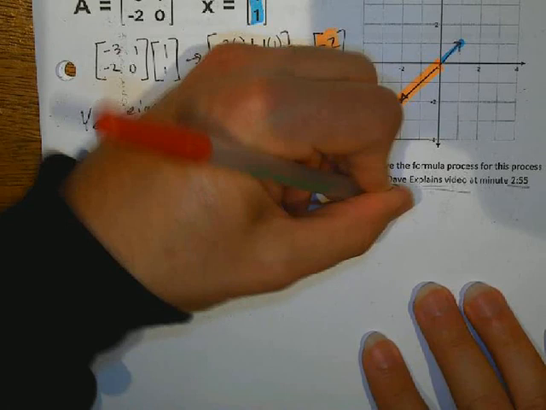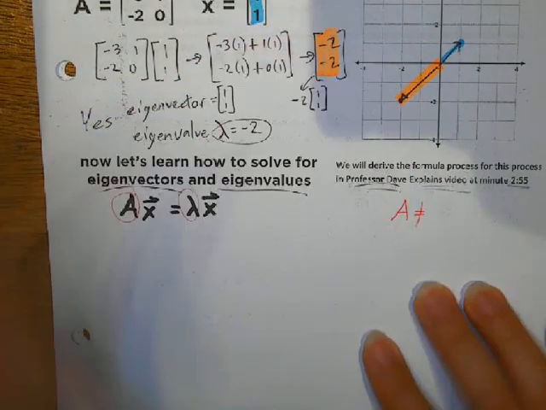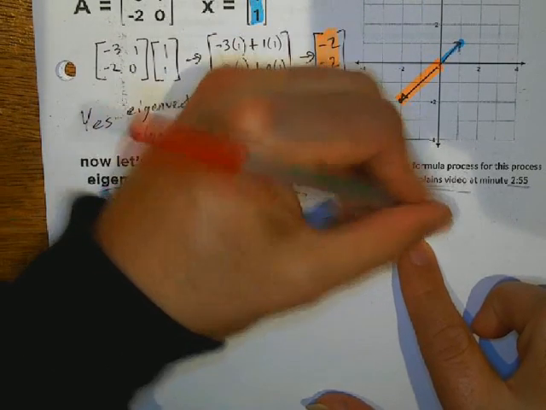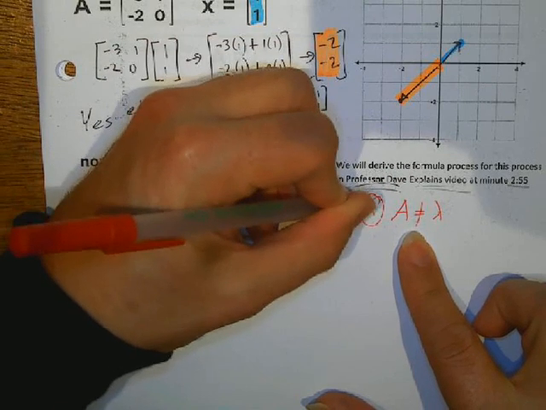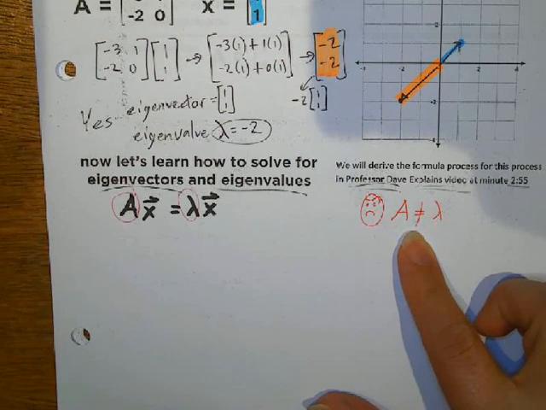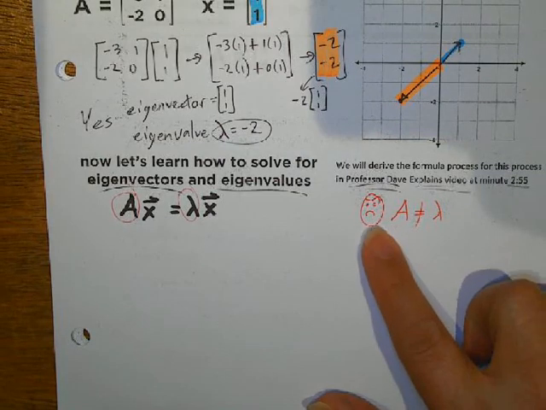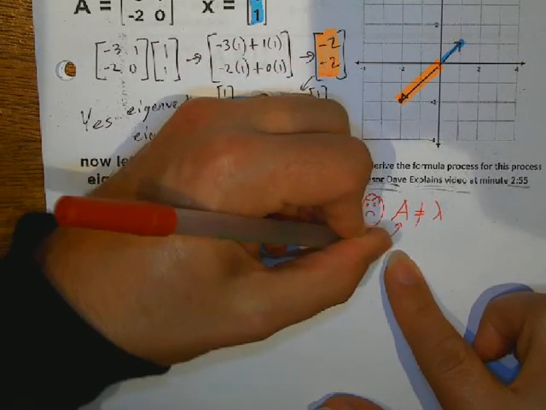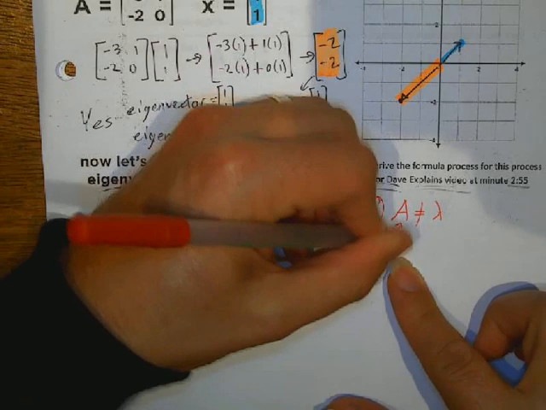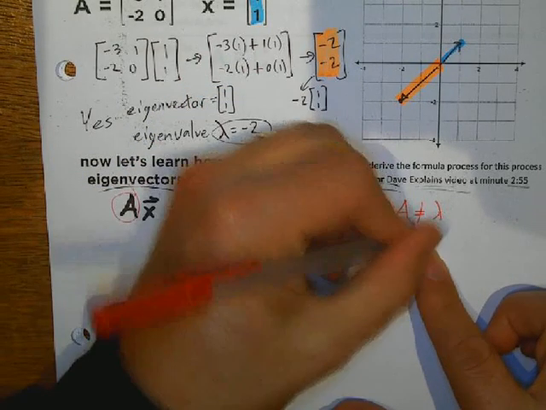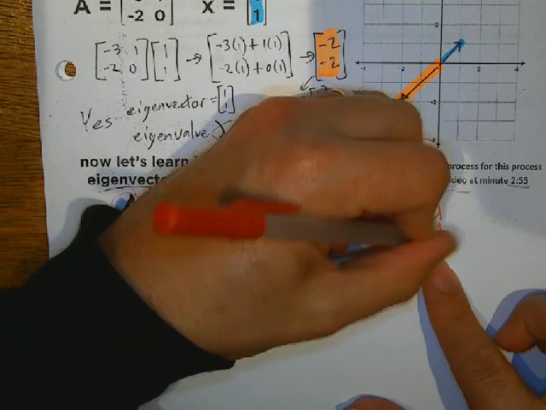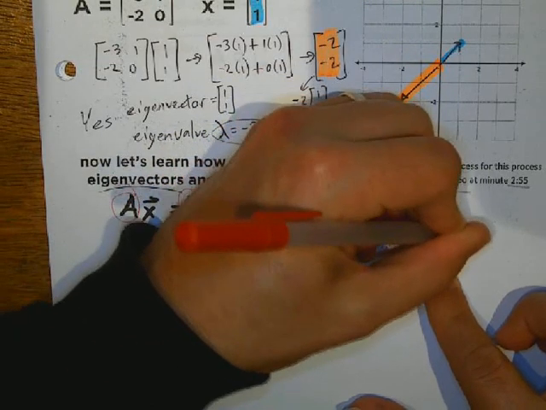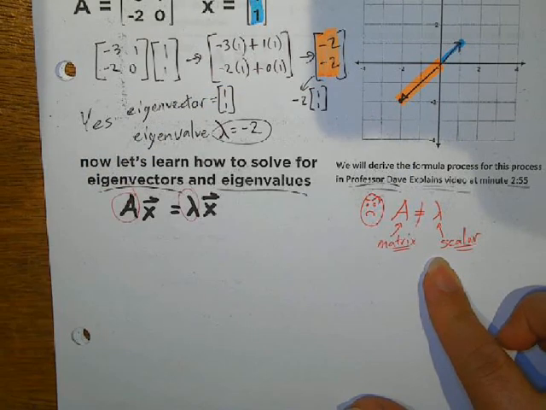So you can't say that A is equal to lambda. You cannot say that, because the A is a matrix and this lambda here is a scalar. And a scalar is not a matrix.